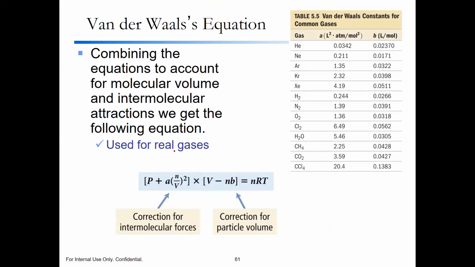Where do we get these factors from? From a table. Get these numbers. Every gas is going to have its own little correction factor, and you're going to plug it in. So instead of having PV equals nRT, nice and clean, it's going to have pressure plus this little factor times volume, and this little factor equals nRT. So when you talk about real gases, you're going to have to use this equation here.